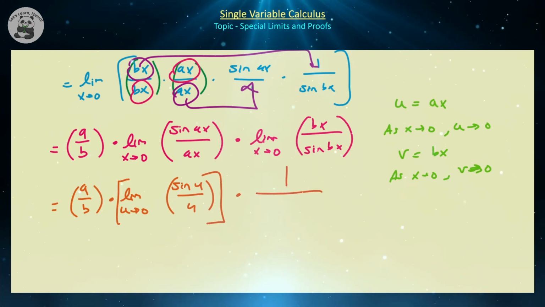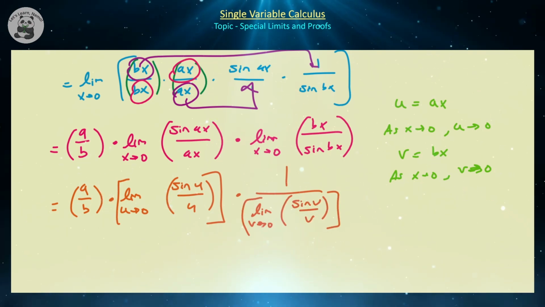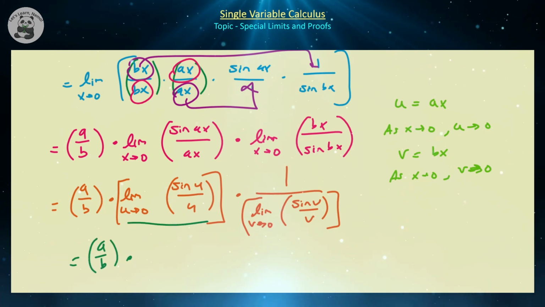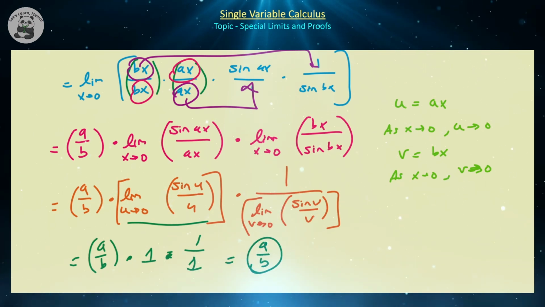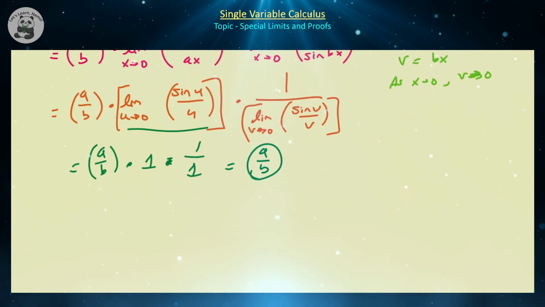And then we have 1 over the limit as v approaches 0 of sine of v over v, and that limit should look familiar. So we're just left with a over b times, so we know that limit is equal to 1, and we know that that bottom limit is also equal to 1, so we have that the limit is equal to just a over b for the general case.